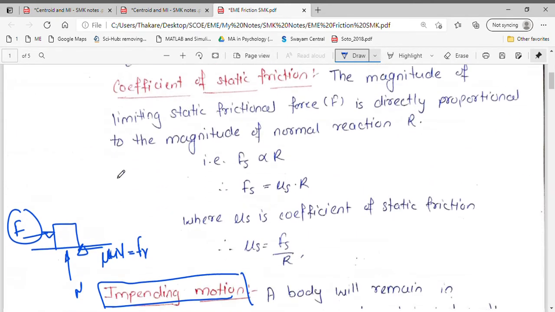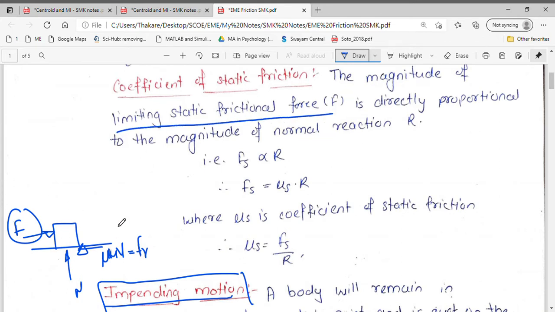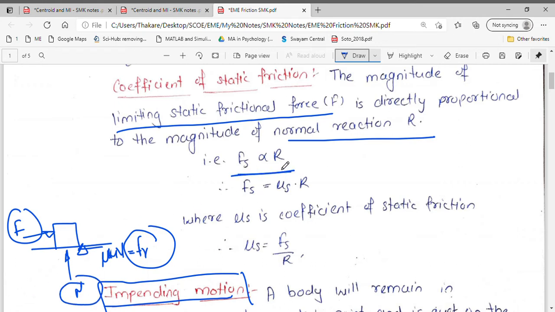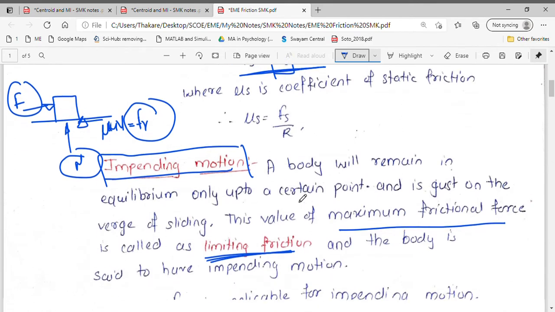Now let us discuss the coefficient of static friction. The magnitude of the limiting static frictional force Fs or Fr is directly proportional to the magnitude of the normal reaction R, or here we have considered it as N. So Fs is directly proportional to R. So Fs equals mu s into R, where mu s is the coefficient of static friction.